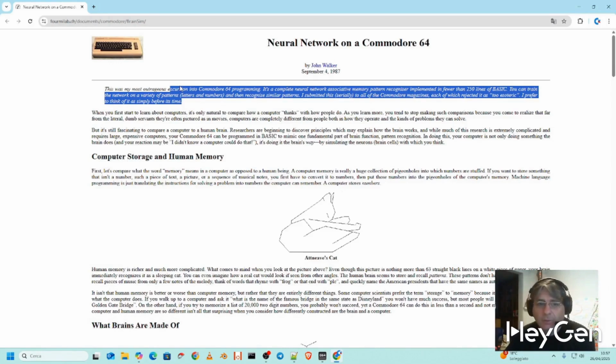Then he continues by saying that he submitted it to a series of Commodore magazines, each of which rejected it as too esoteric. I prefer to consider it simply a literal process. And this is what the author says.